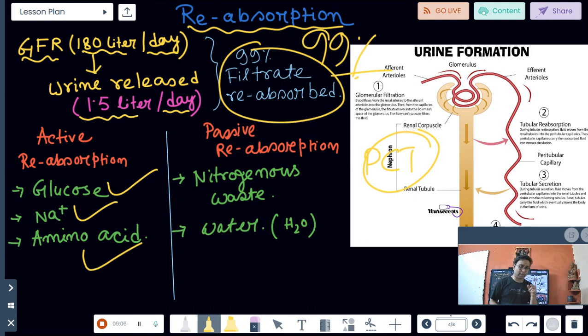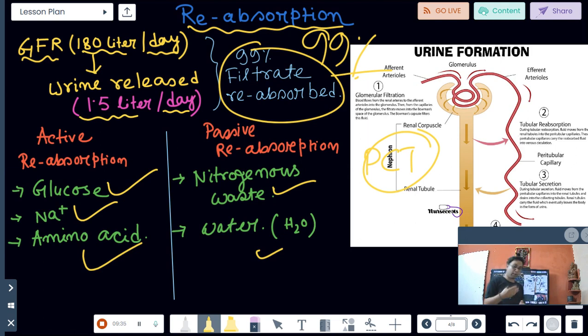On the other hand, in the passive process, some amount of nitrogenous waste and water molecules are passively reabsorbed from that site into the blood. So this is called the selective reabsorption. But why? Because only some molecules are reabsorbed, not all the molecules, right?